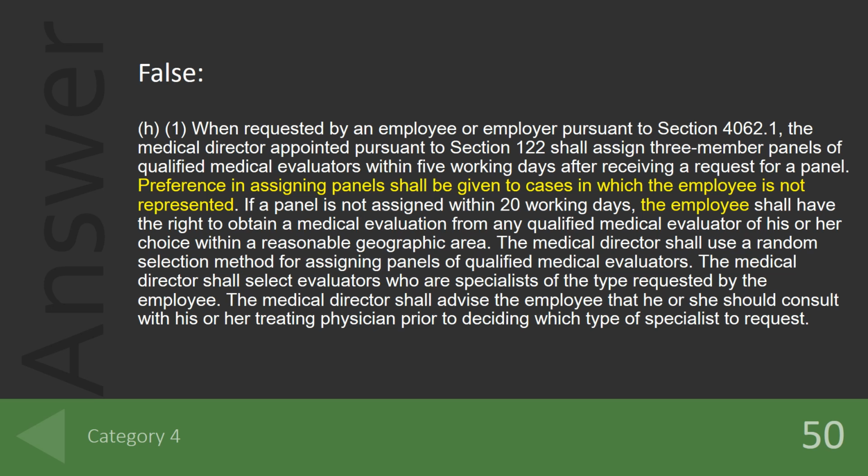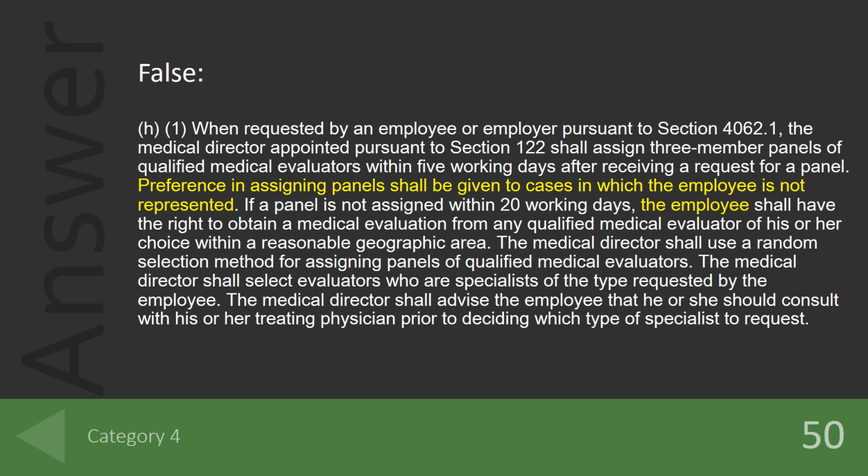And then, as we already know, and this relates to the QME panels, the medical director shall use a random selection method for assigning panels. The medical director shall select evaluators who are specialists of the type requested by the employee. And then remember, we talked in Labor Code sections 4061 and also 4062 that the employee has the first right of selection of the specialty to provide the medical evaluation.